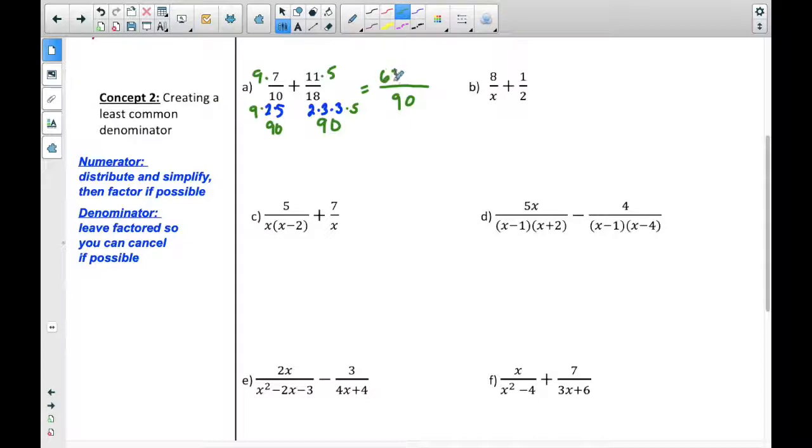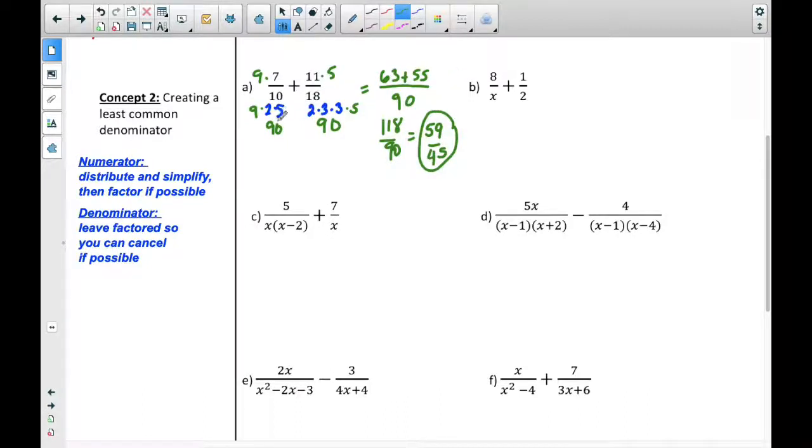So that's 63 plus 55, which is 118. Now, of course, we do need to simplify that one more step. And I'm looking at this and I'm thinking, what's my common denominator? The only common denominator here is 2. So I'm just going to divide by 2, and I get 59 over 45.